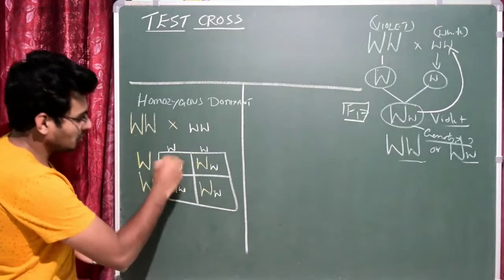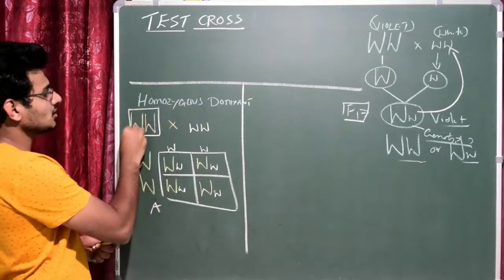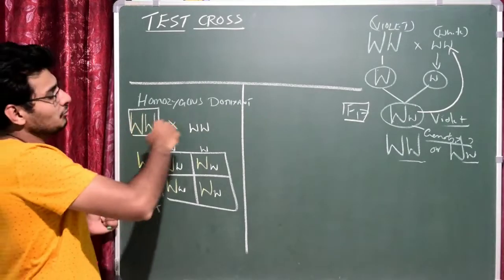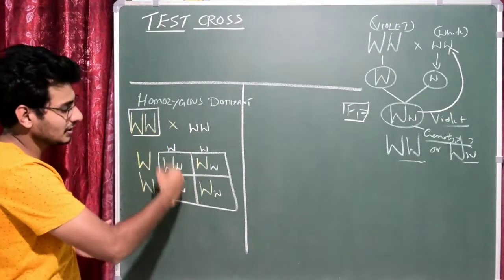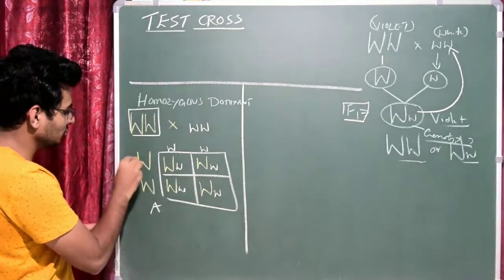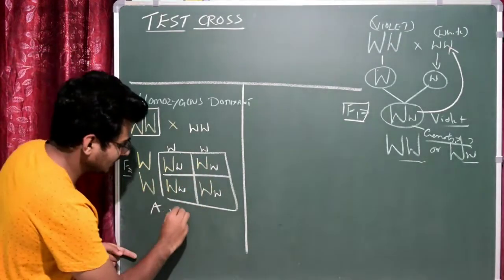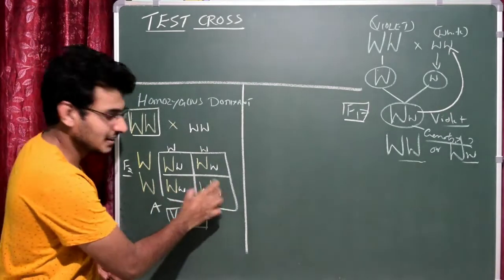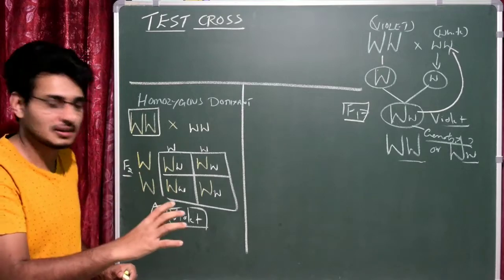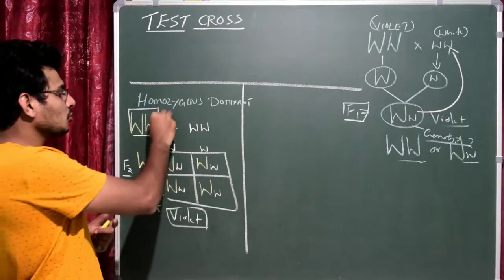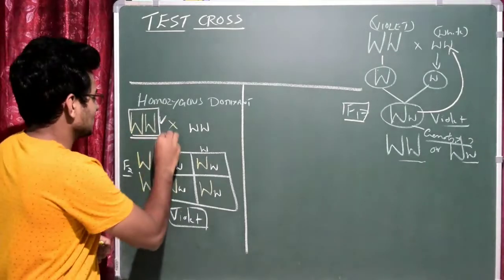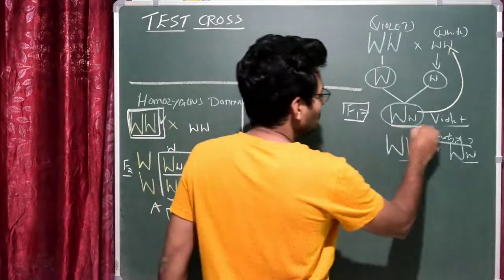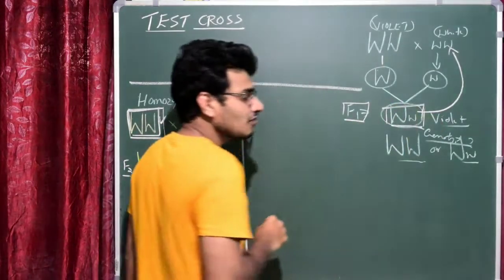All the offspring produced by the cross between the homozygous violet colored plant and the recessive parent, all the plants obtained in the F2 generation, are violet. We did not get any recessive, white flower plant here. That means we can conclude that the F1 could be homozygous dominant. In this case we don't know the genotype, but we got violet colored flower plants.